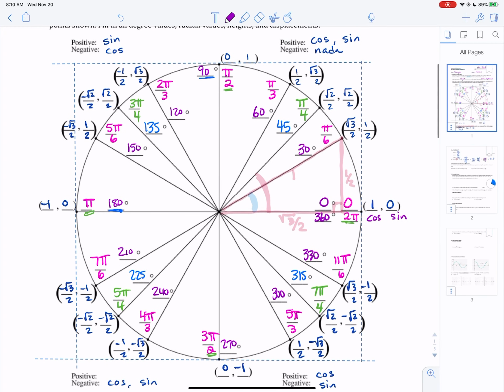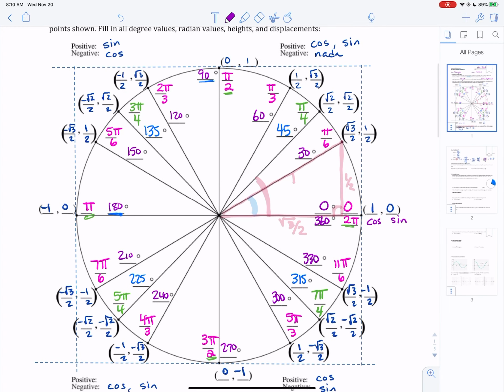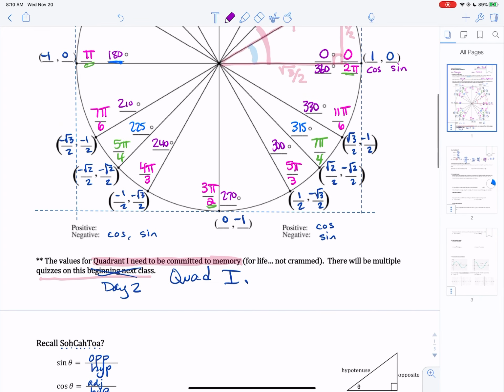So if you know that sine is positive and cosine is negative in quadrant 2, that means that tangent would also be negative. In quadrant 3, if cosine and sine are both negative, if we divide them, we're going to get that tangent is positive. And in quadrant 4, if cosine is positive and sine is negative, that means that tangent would also be negative.